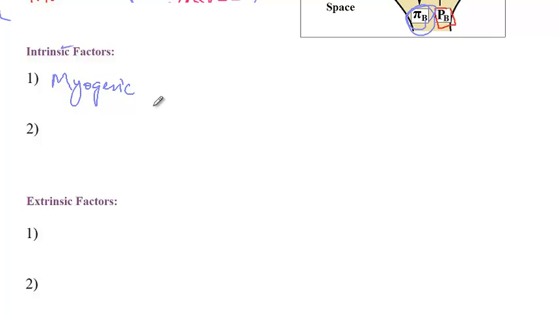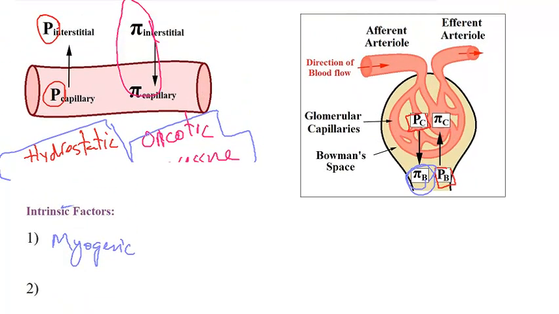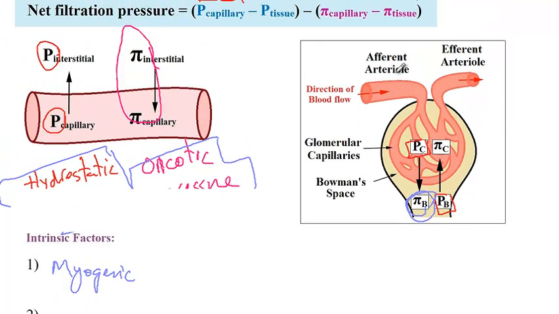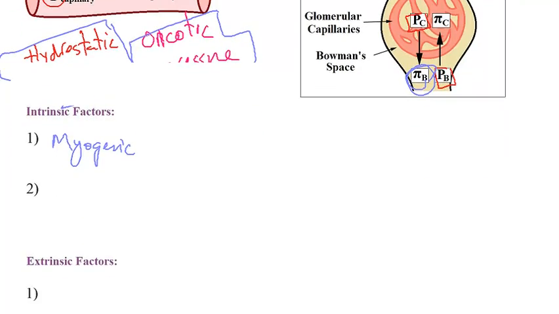Once blood pressure increases, the afferent arteriole contracts to prevent too much fluid from getting lost. Versus when the blood pressure drops, the afferent arteriole dilates to raise the glomerular hydrostatic pressure, to allow some filtrate to still go through and let the kidneys do their job.